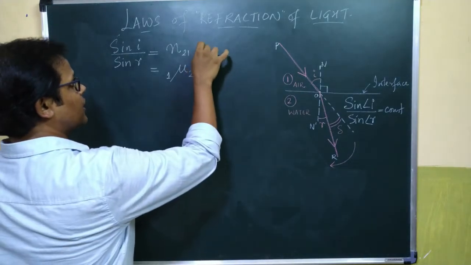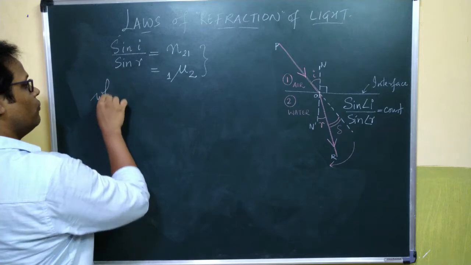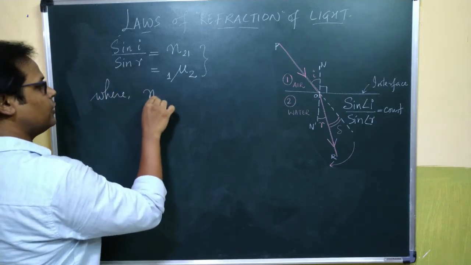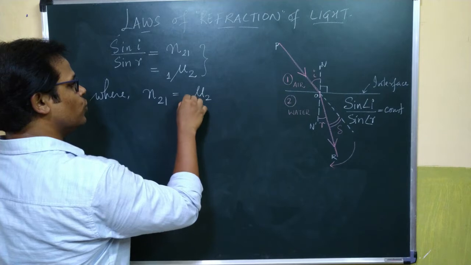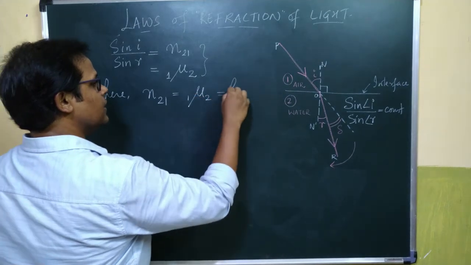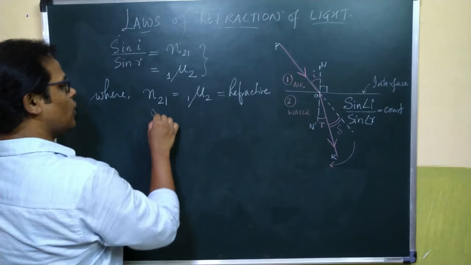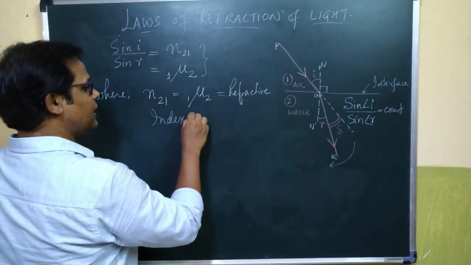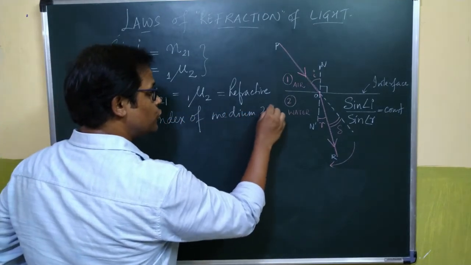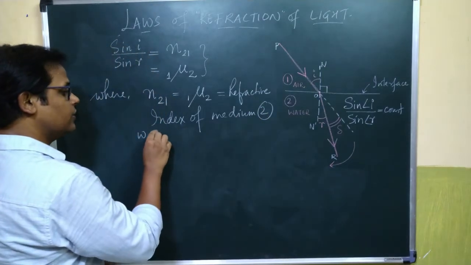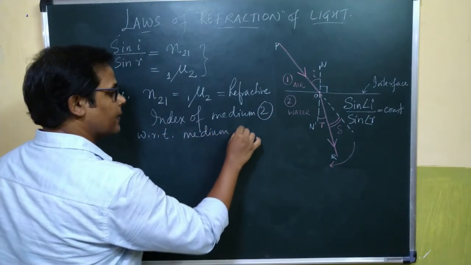Whatever you write, the meanings of the symbols will be exactly the same. Where n21, or mu21, means you are calculating the refractive index of medium 2 with respect to medium 1.